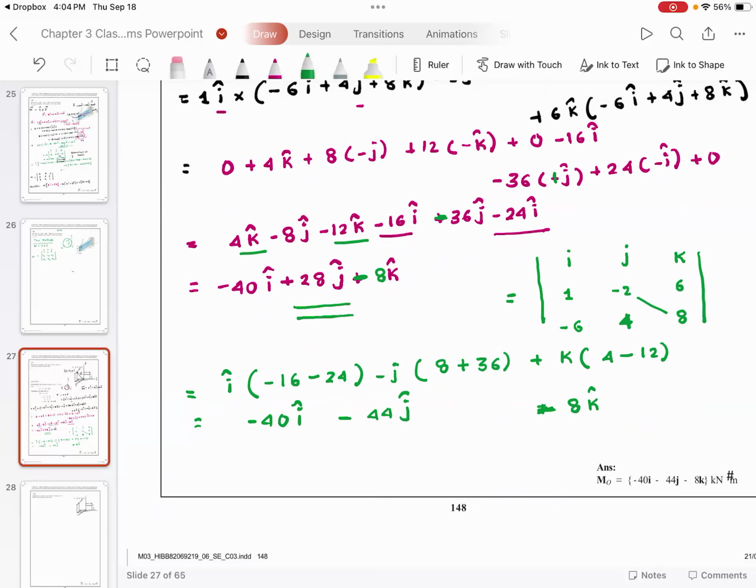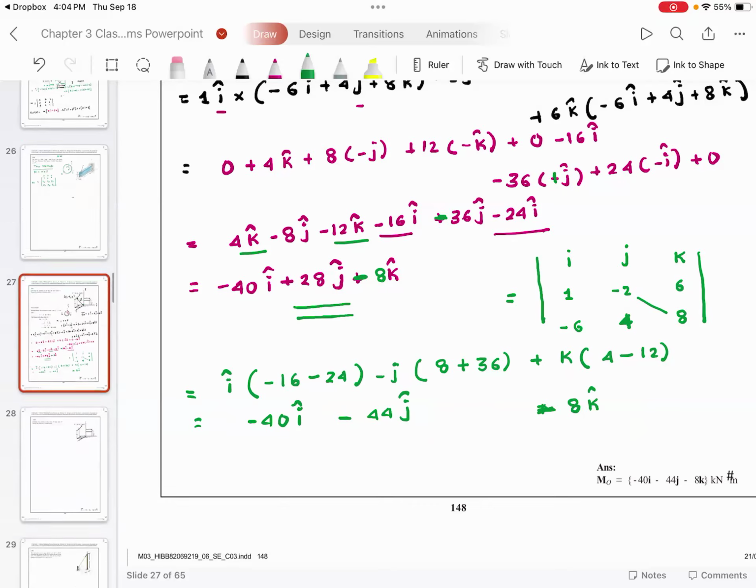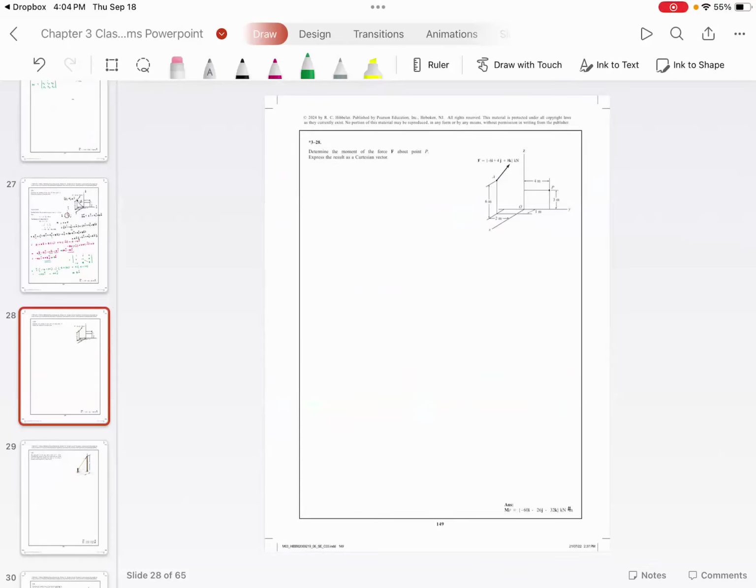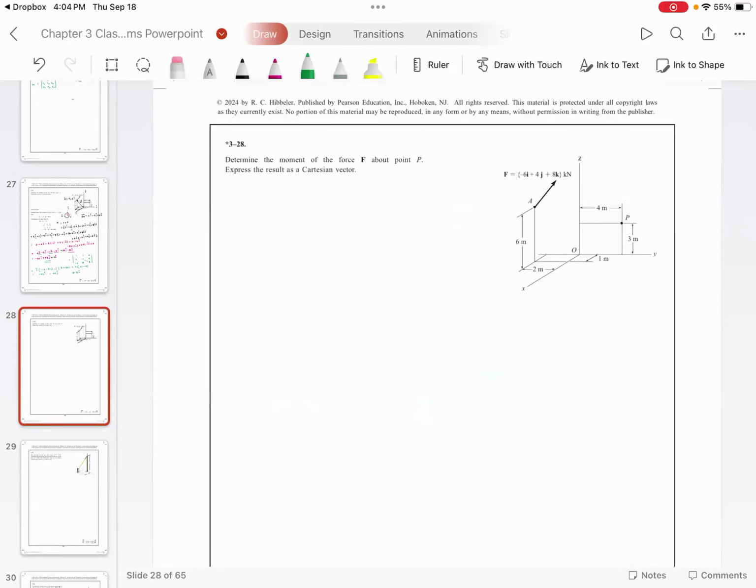So, everyone understood that should be minus 8, minus 36, because that j is not minus. Okay. Next problem. Similar homework. 328.